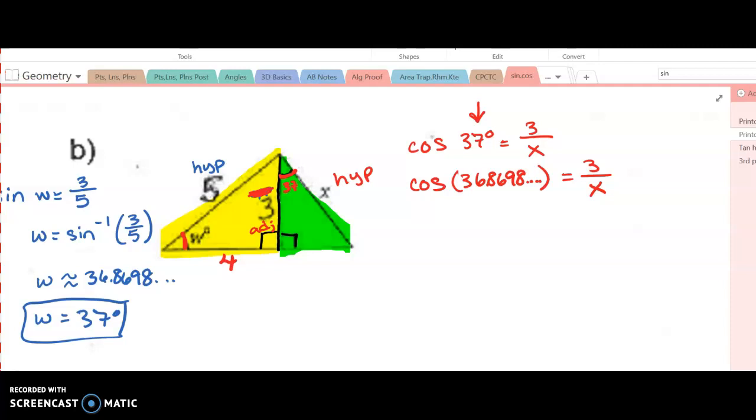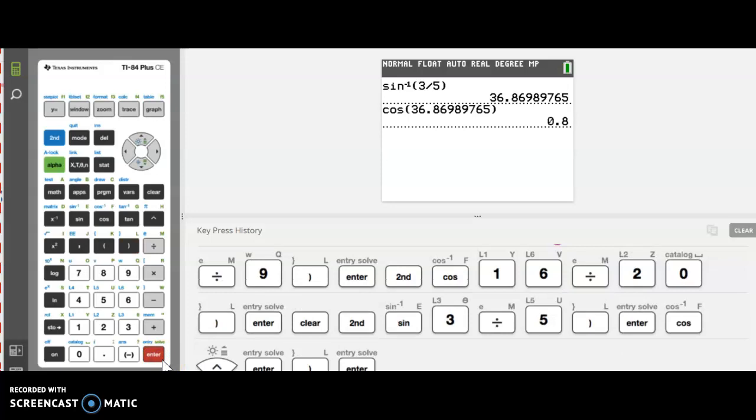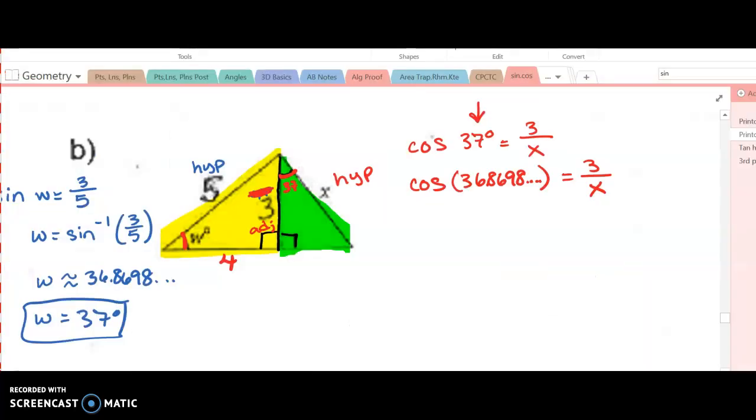Okay, so on the calculator, we already did the sine inverse of 3/5 and got the 36.86. So now we're going to do cosine. Just scroll up on top of that number and press enter. If you do it with the copy and paste feature, it gives you 0.8 exactly. So this whole thing is 0.8, that equals 3 over x.